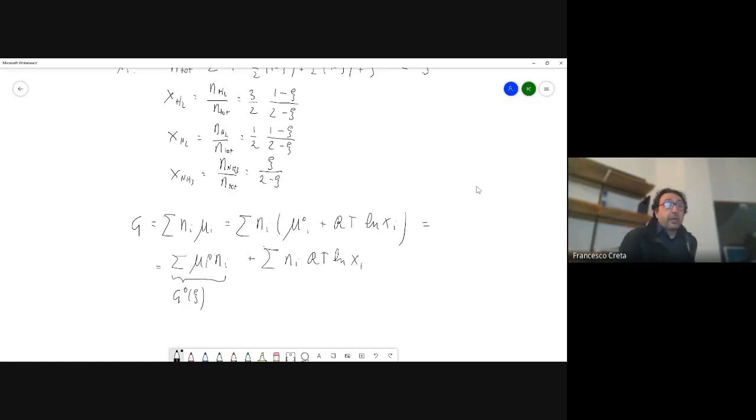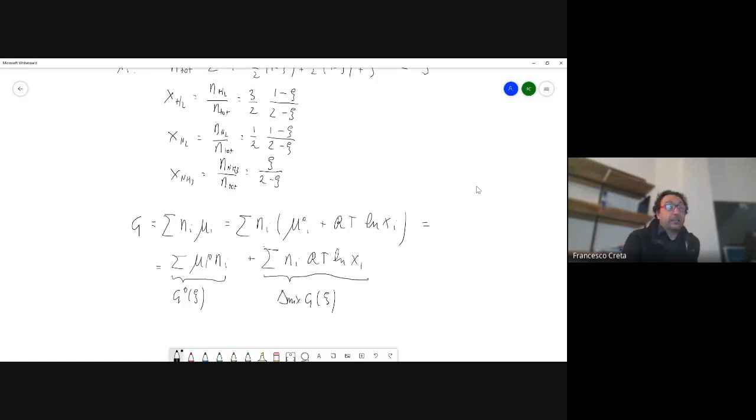You see, these are all in their pure form. And this, by construction, will be nothing but the mixing Gibbs energy, still a function of psi. So this is the variation of G due to the process of mixing at any psi.